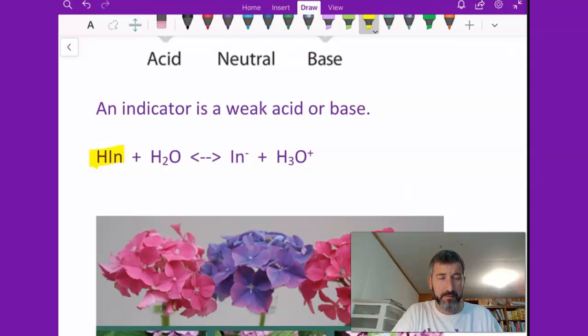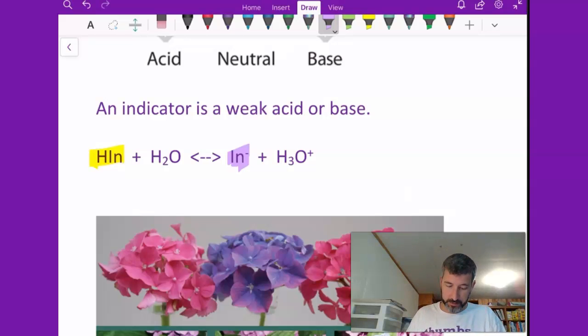But the thing that makes this an indicator, whether it's phenolphthalein or bromethymol blue or whatever, is that it's two different colors with and without the H. Whereas most acids are just clear, colorless. So, for example, maybe it's yellow when it has the H, and then maybe it becomes this pink or lavender color after it loses it. Well, if that's the case, then you would know whether the solution that indicator was in was acidic or basic by the color of that indicator.